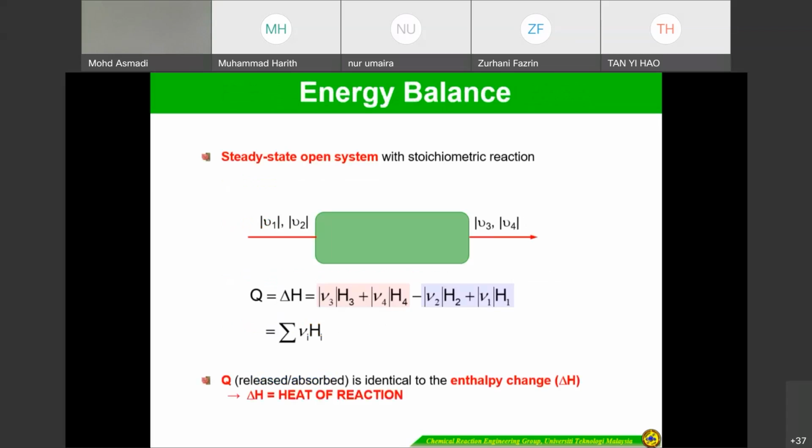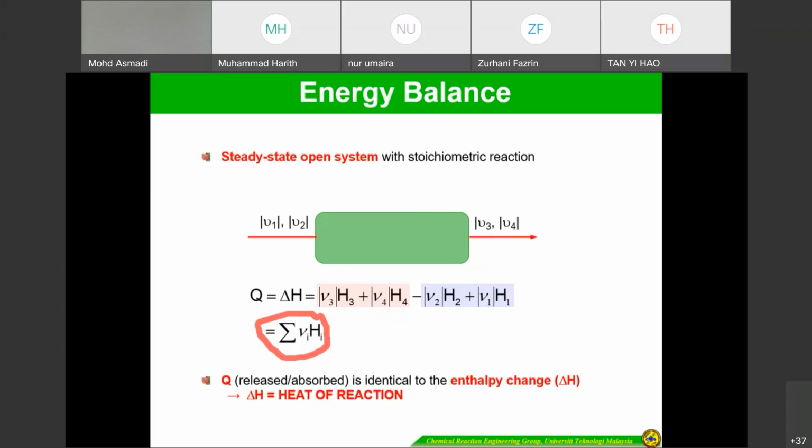So for a steady state open system with stoichiometric reactions, using v1, v2, v3, v4 as the stoichiometric coefficients, Q is the summation of stoichiometry times enthalpy. You have to remember i is for each species, meaning reactants and also products. So Q, released or absorbed, is identical to the enthalpy change.